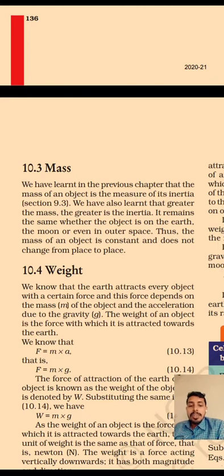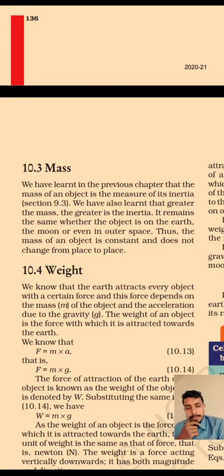If you weigh here, in my case I am 68 kilogram, but consider 60 kilogram. Then if I go to the moon, and there also a weighing machine is there, and I check my weight, I will get 10 kilogram.